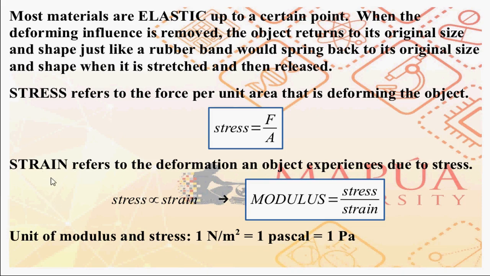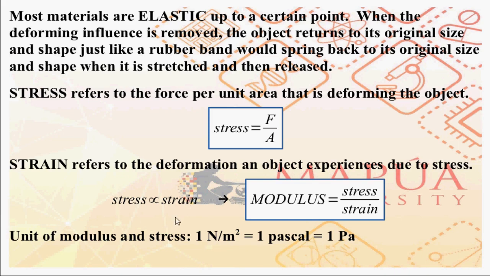When you compare strain and the stress that is causing the strain, it was observed that stress is proportional to strain. The deforming influence is proportional to the deformation that it causes.